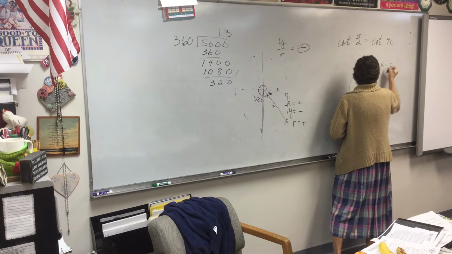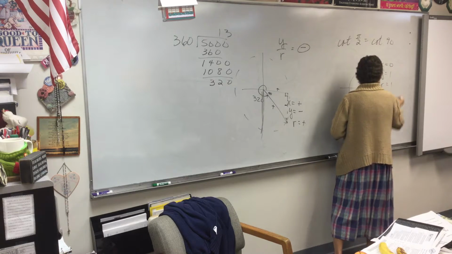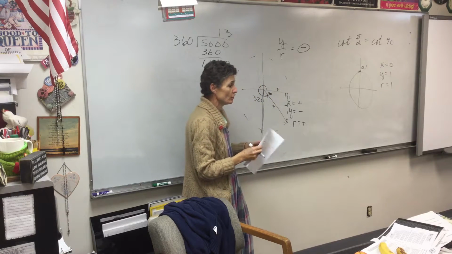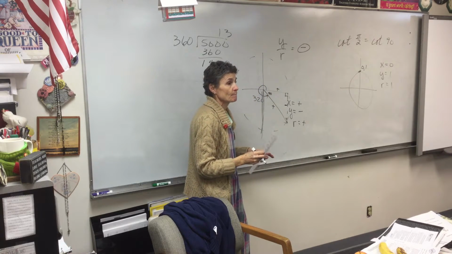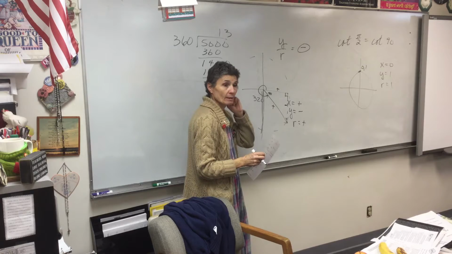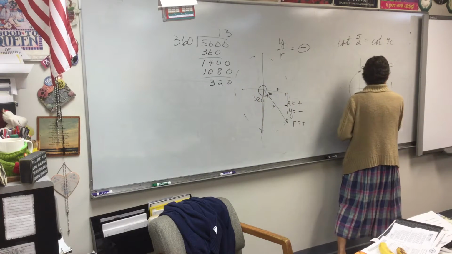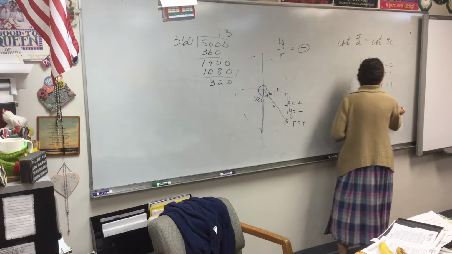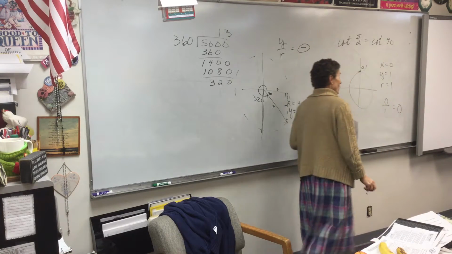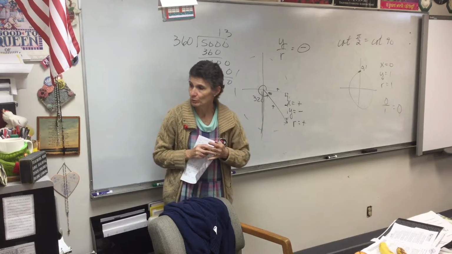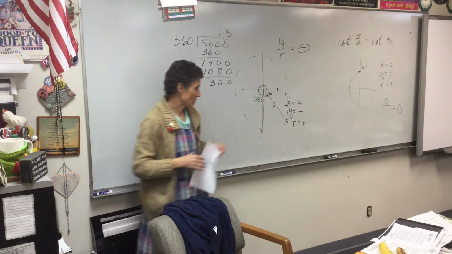So x is 0, y is 1, r is 1. I need the cotangent. What's the definition of the cotangent? X over y. When I put x over y, I get 0 over 1, which is 0. So the cotangent of pi over 2 is 0.